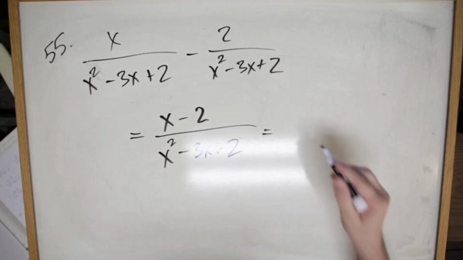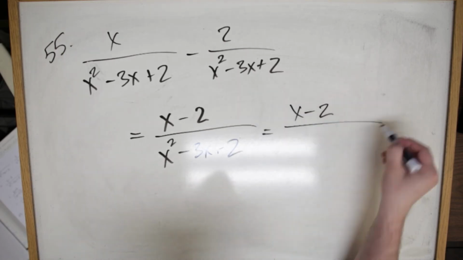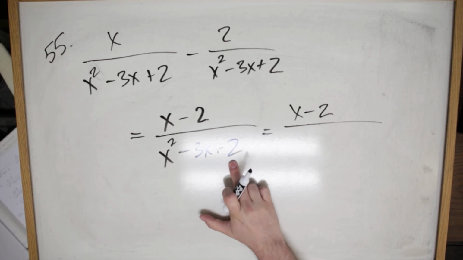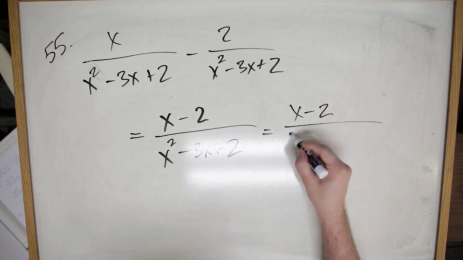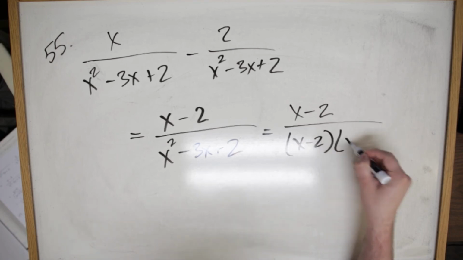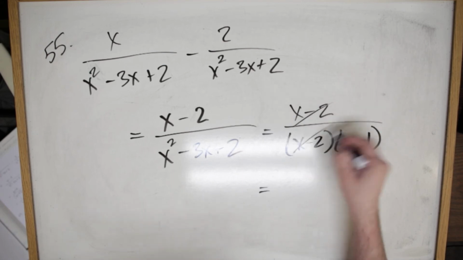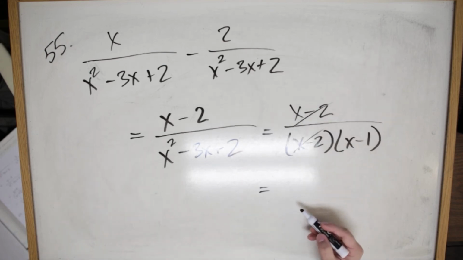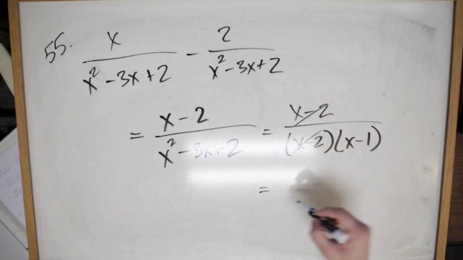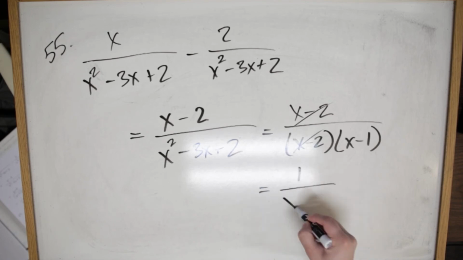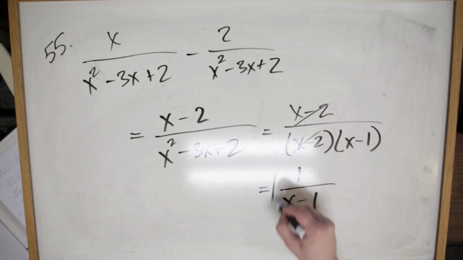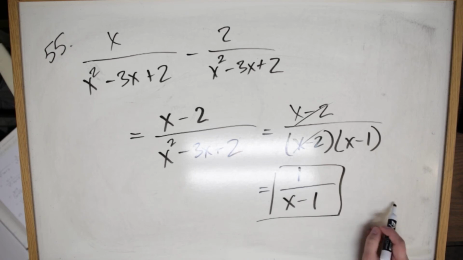So let's do the denominator, x minus 2 all over, this is going to be 2 and 1, and they're both going to be negative. So x minus 2 times x minus 1, and my minus 2, x minus 2 and x minus 2 cancel. So I'm left with a 1 over x minus 1. And this is my solution. Okay, so that's fully simplified right there.